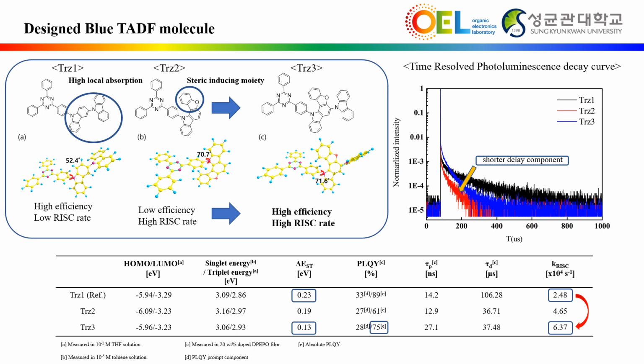However, this reference has the disadvantage that the RISC speed is slow. To solve this disadvantage, I additionally introduced a benzofuran moiety that can form a steric to the donor moiety. As a result, the TRZ3 molecule achieved a high EQE and a faster RISC rate.